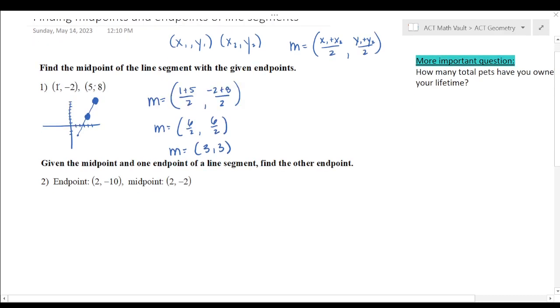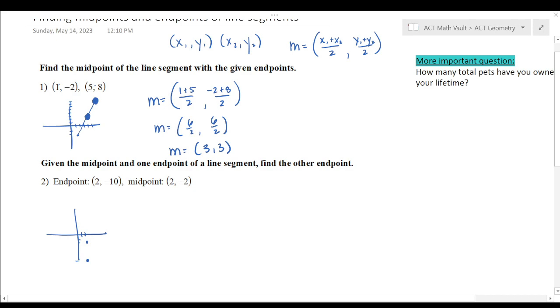Okay, if we are given an endpoint, I'll draw out the visual just in case this might be what sticks with you. We go 2, and then let's say this is down 10. They're saying the midpoint is at 2, -2.